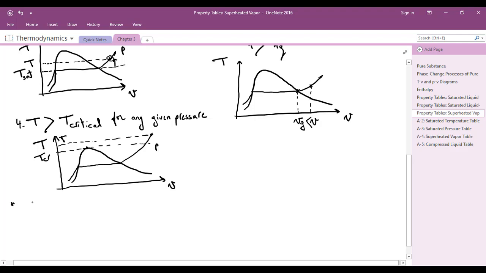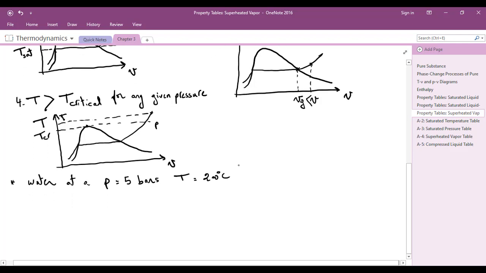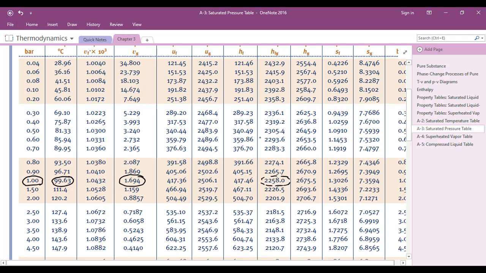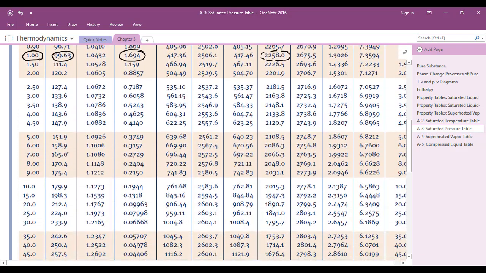So let's solve a small example to determine a property using the table. Let's say we have water at a pressure P of 5 bars and a temperature of 200 degrees Celsius. What we can do first is to know to which region this state belongs. So first we can go to the pressure table and look at a pressure of 5 bar.